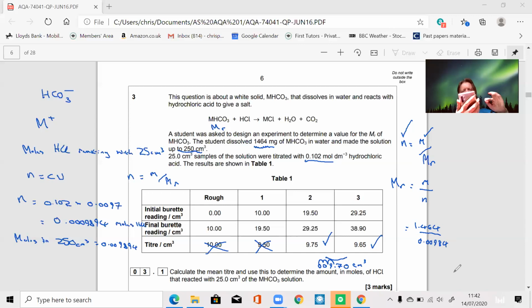That should give us our MR for the hydrogen carbonate. 1.464 divided by 0.00984. That gives us 148.7. Well, it does if I put the numbers in right. Let me just check them. 1.464 times 0.009894.